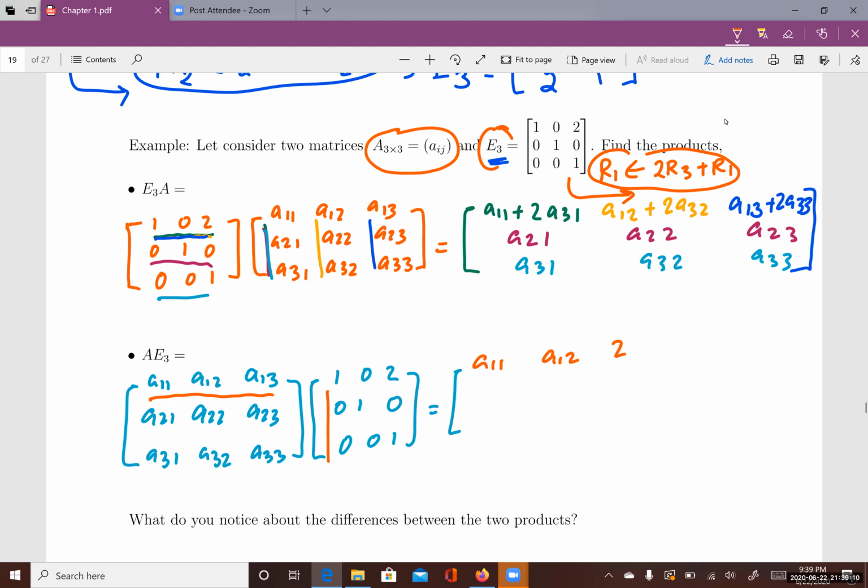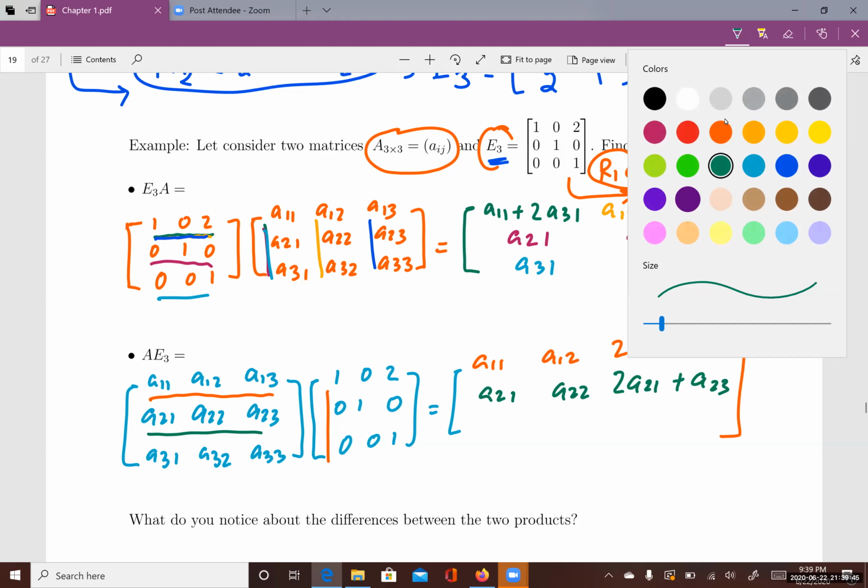In this case, A11 will stay, A12, and here you will have 2A11 plus A13. Okay, so that's the first row. How about the second row? You will have second row, first column, again, A21, second one, A22, and then the last column, you will have 2A21 plus A23.